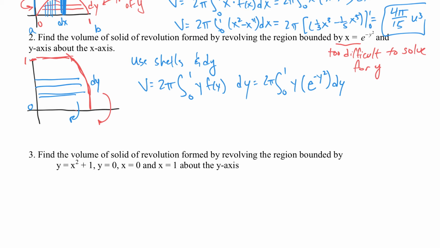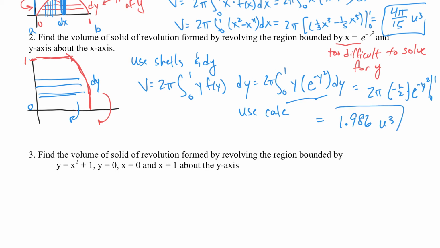As of right now I did not teach you how to integrate e yet, so we're going to say use calculator. In other books they do show it to you a little bit earlier, so if you do want to do it by hand, just so you know, this comes out to 2 pi times negative 1/2 times e to the negative y squared on the bounds from 0 to 1. But in any case, either way, this comes out to be 1.986 cubic units.